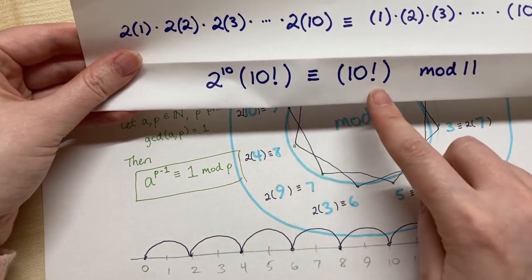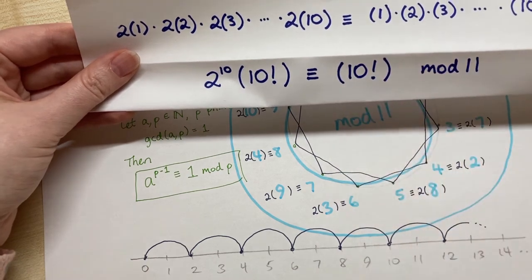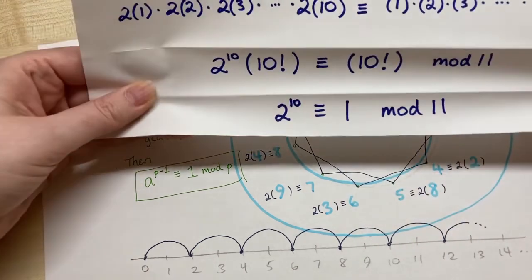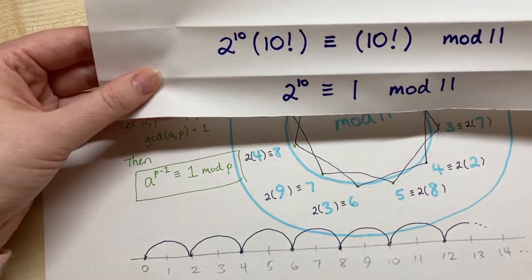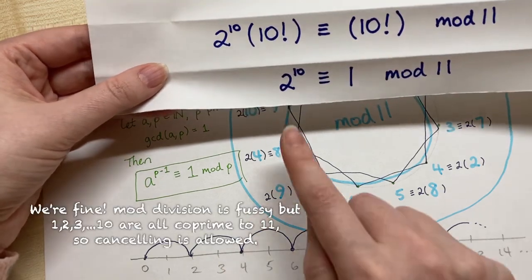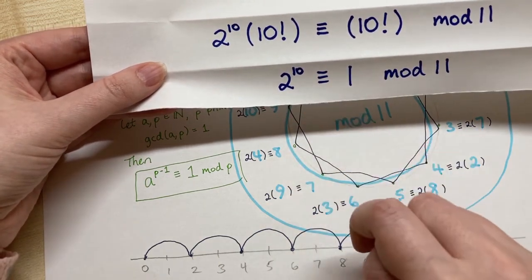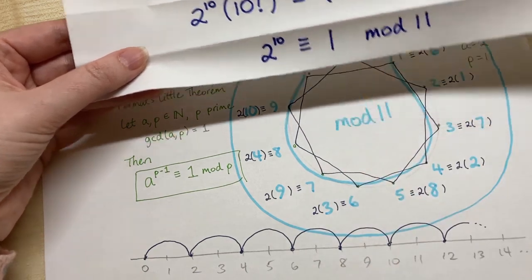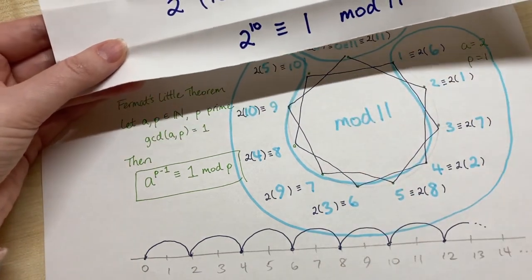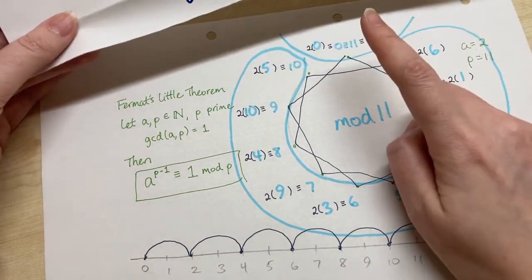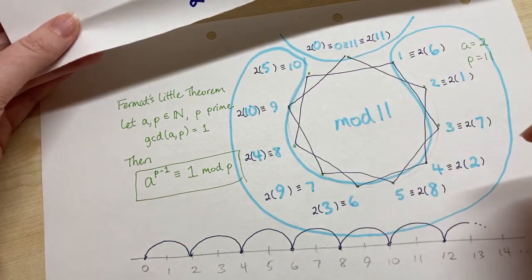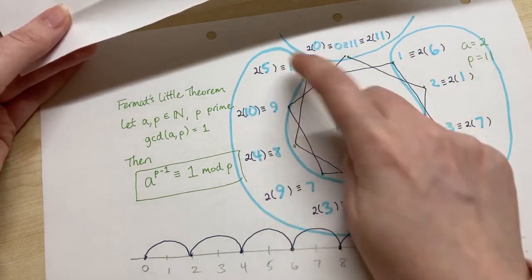That is congruent to 10 factorial, all in mod 11. And now we can cancel out the 10 factorial to get 2 to the power of p minus 1 is congruent to 1 in mod p. There's our example.